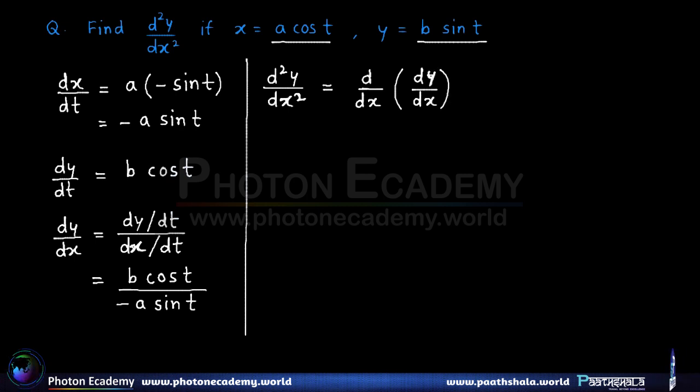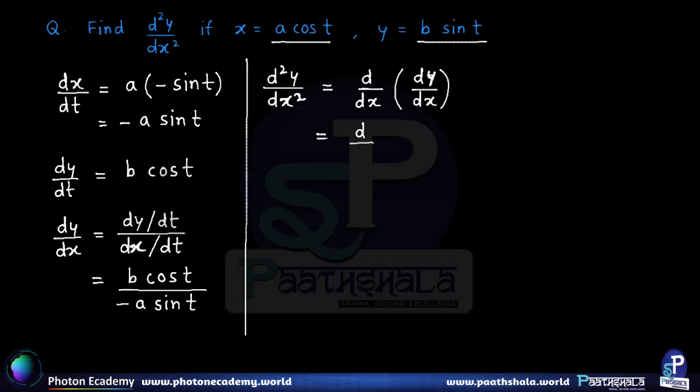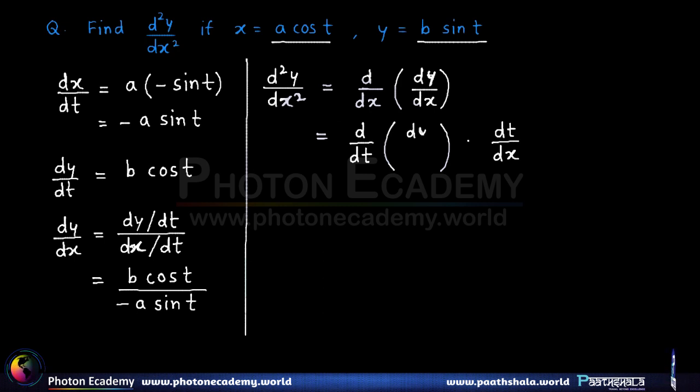right? Now as we know, what we have to do is change the variable, that is we use d by dt of dy by dx and multiply by dt by dx. Okay. And here dy by dx is to be written in bracket.